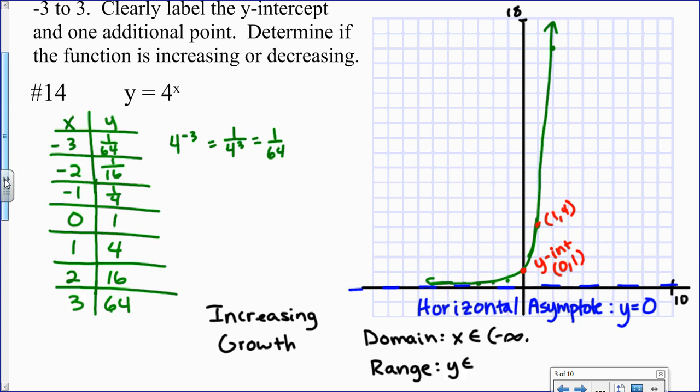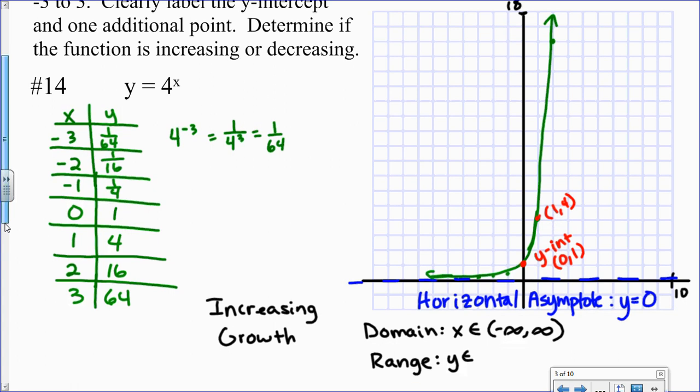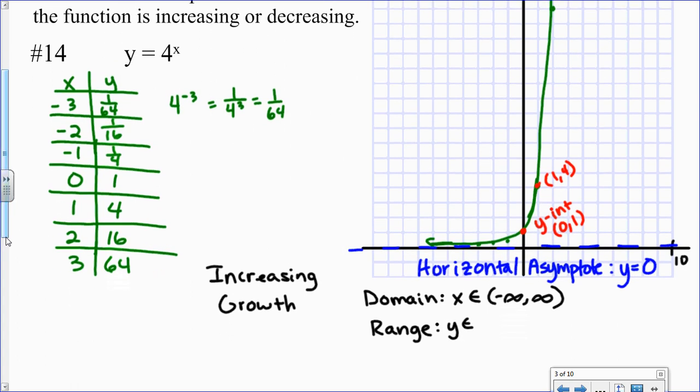So for exponential functions, your domain is all real numbers, negative infinity to positive infinity. All exponential functions are that way, unless there's something crazy thrown in, that they include a radical or they're in a denominator. That's not going to be happening. Or what could happen is we have a real world example and they tell you you don't want negative x values, but it would say that at the beginning. So in general, all exponential functions have a domain of negative infinity to positive infinity.